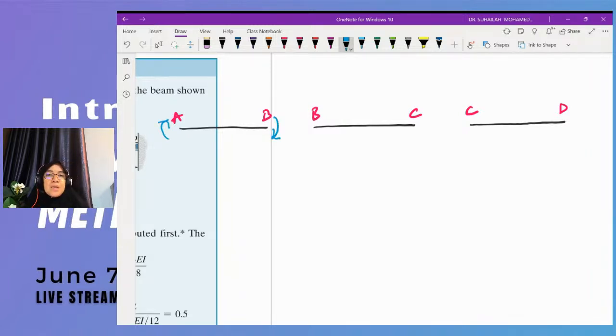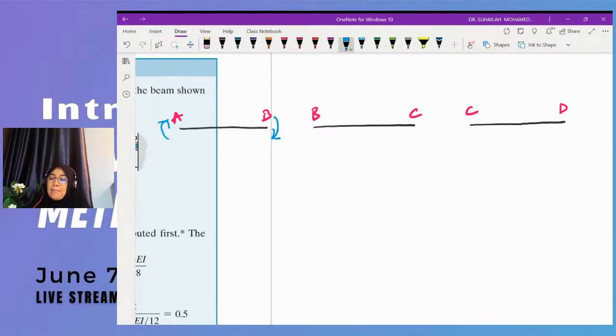One member has two ends, A and B. So there are two moment values at member AB, which is called the member end moment.